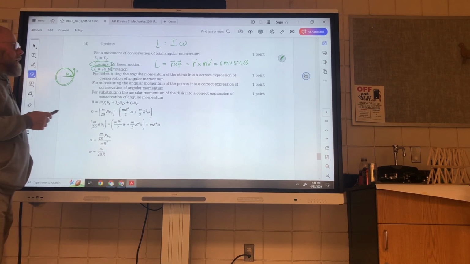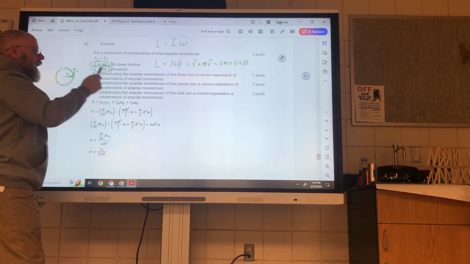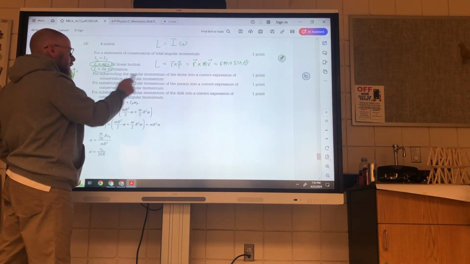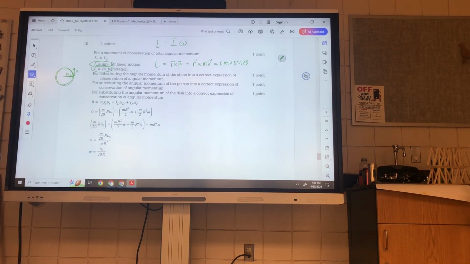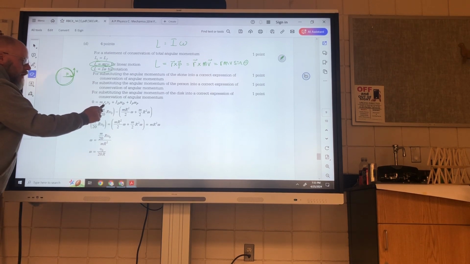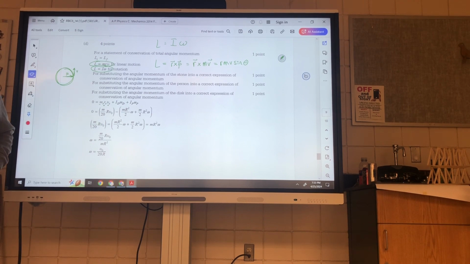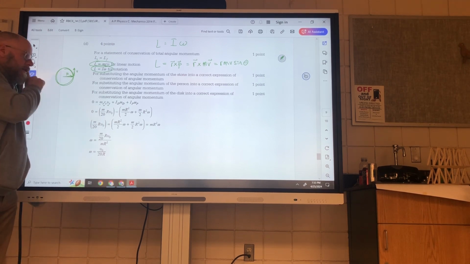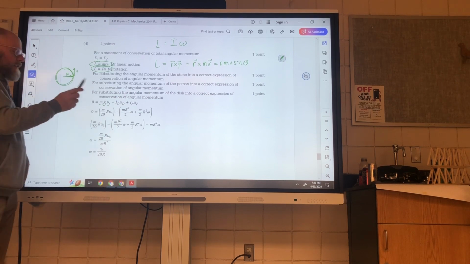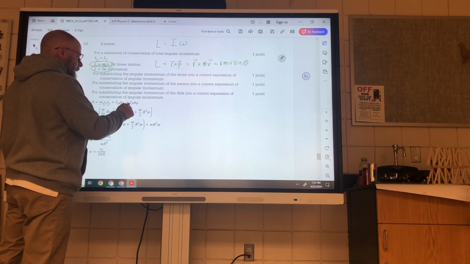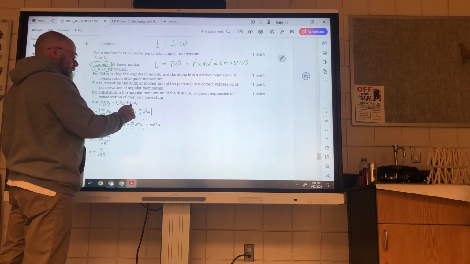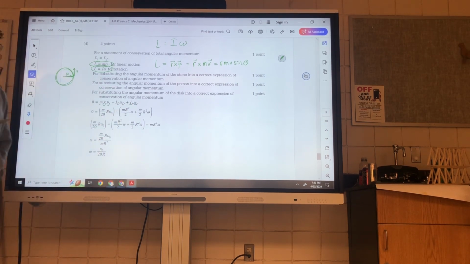So it says to substitute the angular momentum of the stone into the correct expression for conservation of angular momentum. The stone is the point particle, so it's m stone, r stone, v stone. Then substitute the correct angular momentum for the person: I for the person, omega for the person.